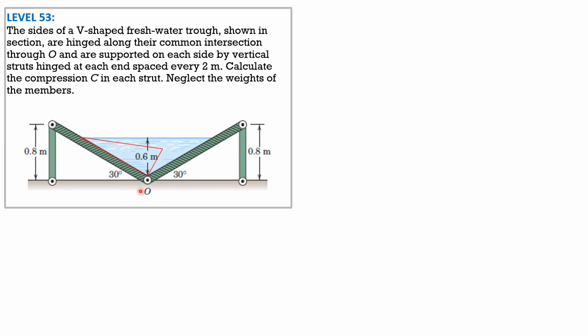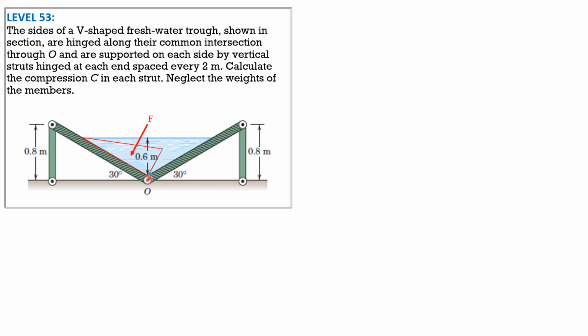So for the solution, this is the pressure diagram. The pressure at the hinge O level is the specific weight of water, 9.81, times depth, which is 0.6. And remember, by principle, the pressure is perpendicular to the contact surface. So this pressure is equal to 9.81 times 0.6. This is the location of F, and the line of action of F would be 1/3 of the contact length.